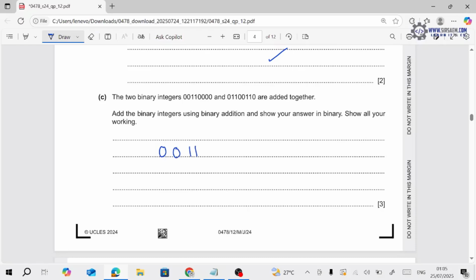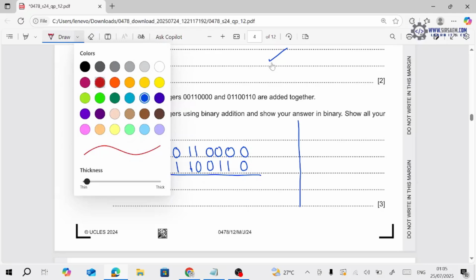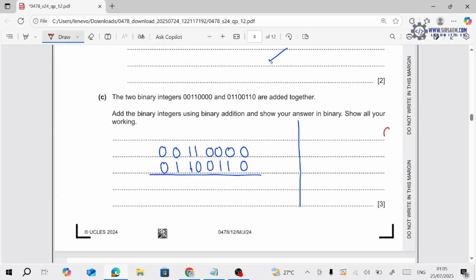0, 1, 1, 0, 0, 0, 0. Then I have 0, 1, 1, 0, 0, 1, 1, 0. So remember one thing, let me first of all help you with writing the rules. If I have over here 0, 0, that will be 0.